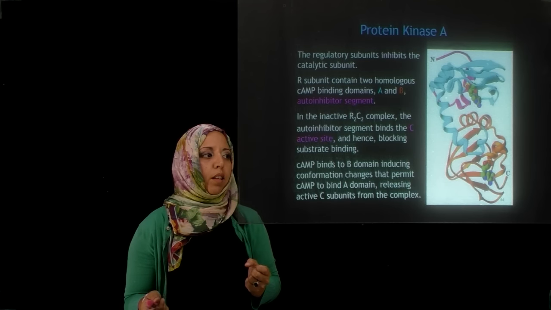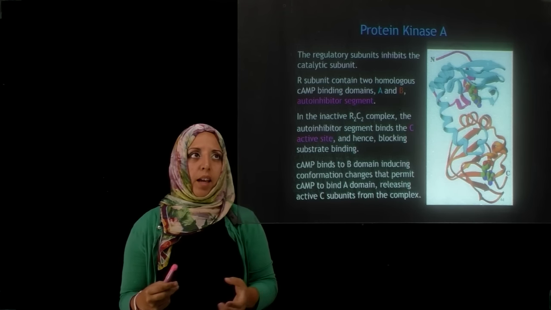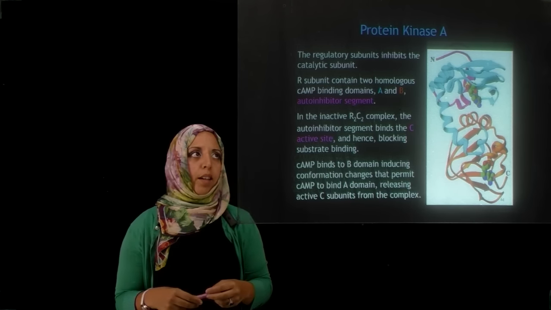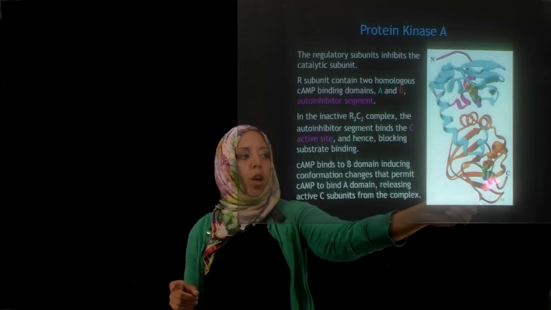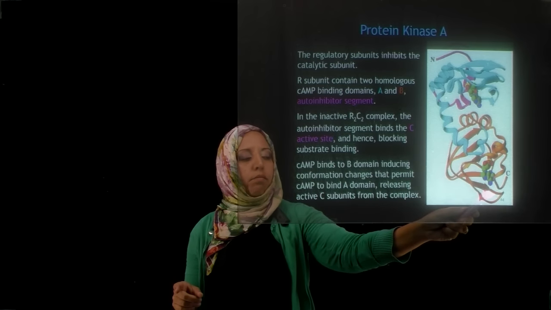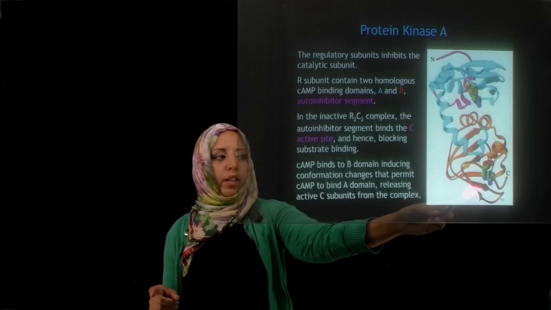So what happens is when cyclic AMP activates protein kinase A, it does so by binding a cyclic AMP molecule within the C-terminal domain of the regulatory subunit.